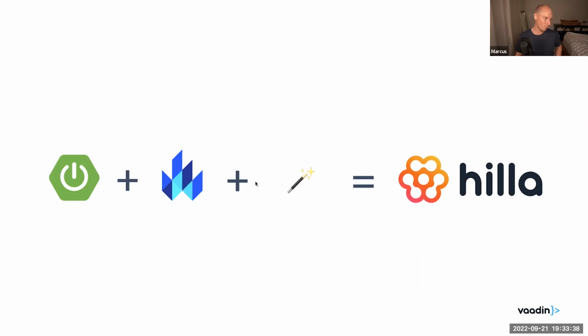So what's coming up next for Hilla? We're listening to a lot of feedback from people using it to understand what we need to focus on. We've heard from quite a few people that it would be really cool if Hilla also supported React on the front end in addition to Lit. That's something we're probably going to experiment with very shortly.